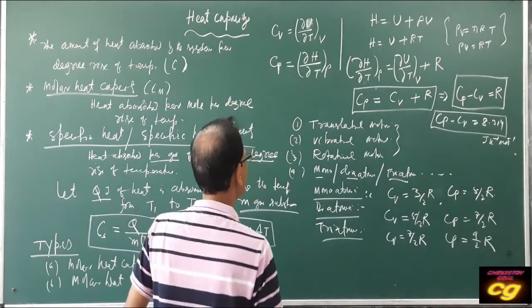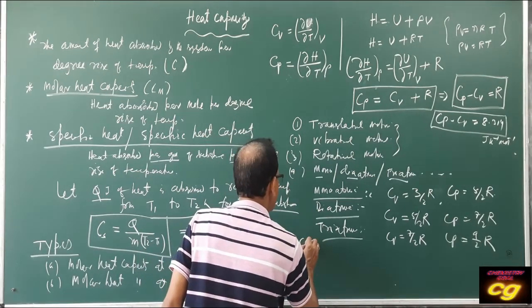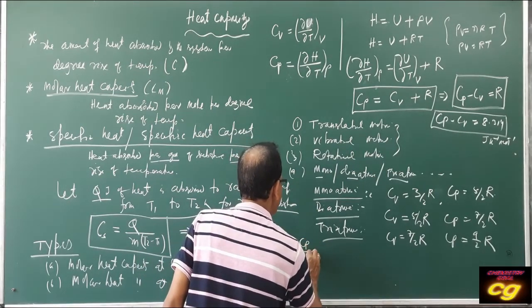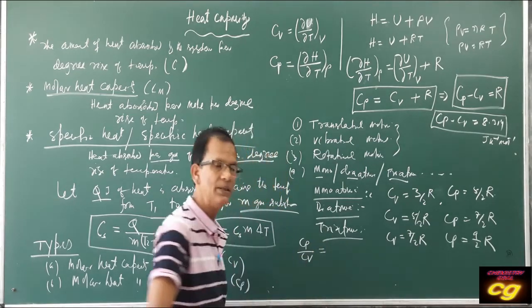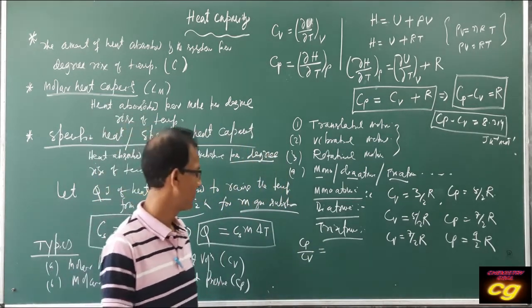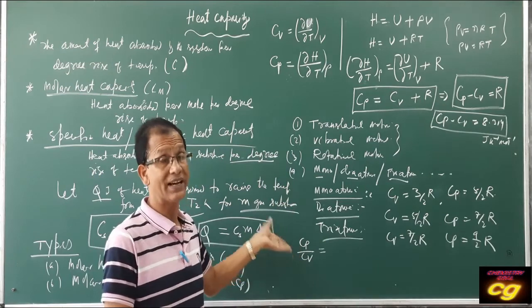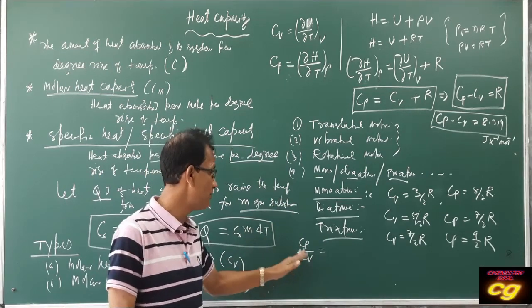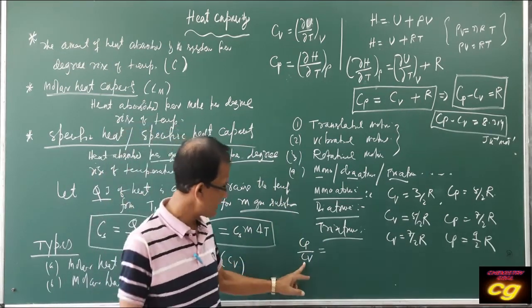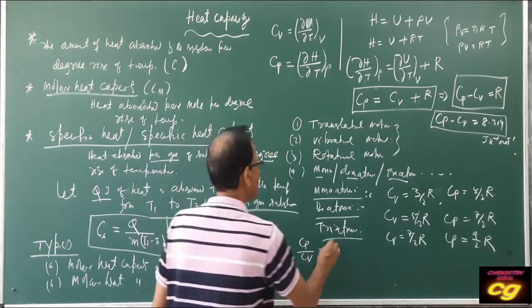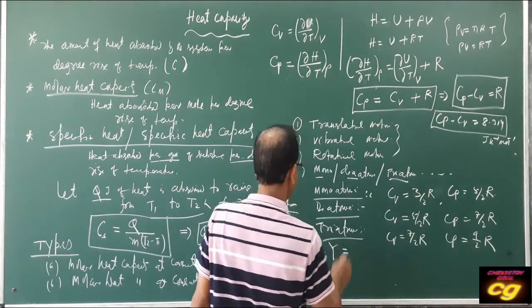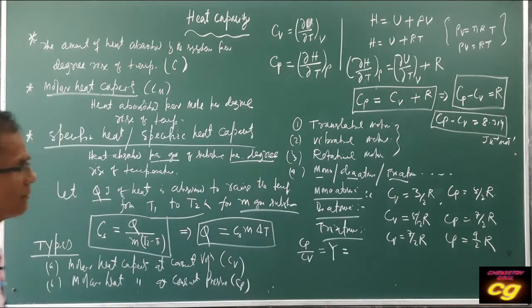Then the ratio of Cp upon Cv. Cp is always greater than Cv, so the ratio is greater than 1. This Cp and Cv ratio is called gamma.